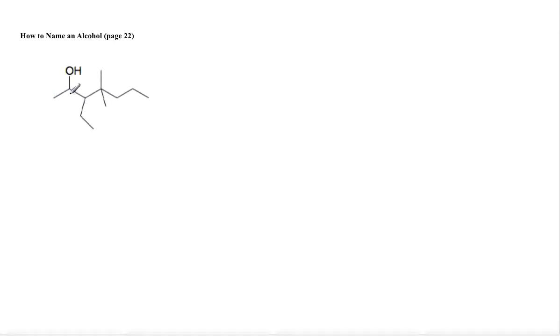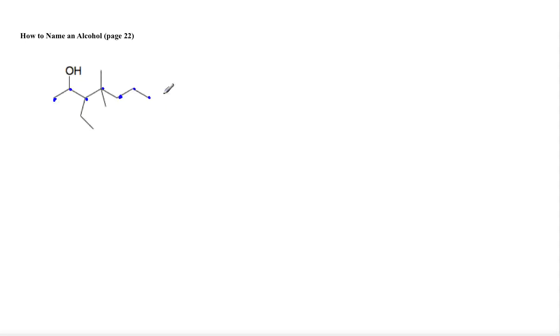So here we have 1, 2, 3, 4, 5, 6, 7. 1, 2, 3, 4, 5, 6, 7. So we need to take this route going through, because even though both of these have 7 in them, we need the OH to be part of the longest chain. Okay, so my parent chain is 1, 2, 3, 4, 5, 6, 7.